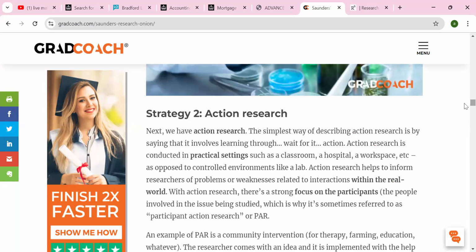Action research is the simplest way of describing it, saying that you are involved in learning through action, and action research is conducted in practical settings such as the classroom or hospital. We see the patient and the patient's blood test and all, and on the basis of this we can take decisions, and we do the experiment, like the COVID-19 vaccine being tested.